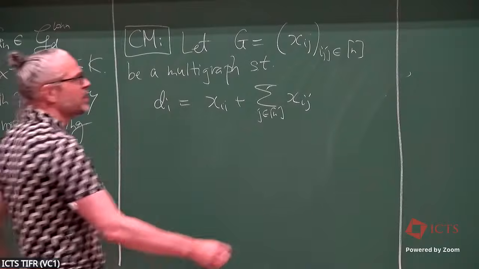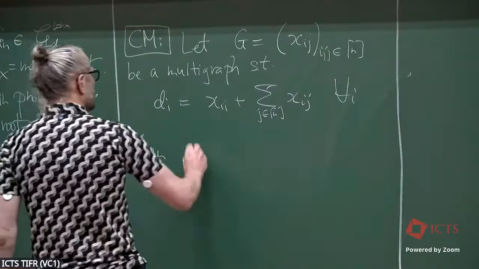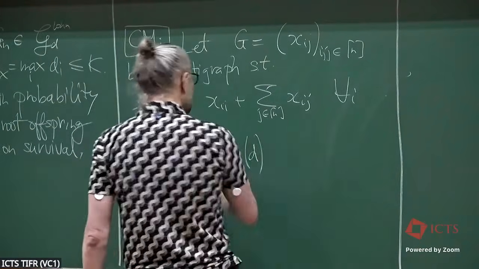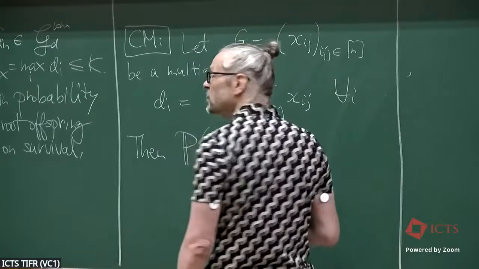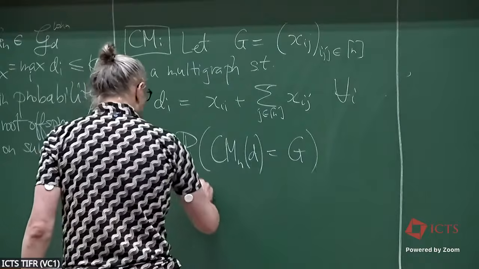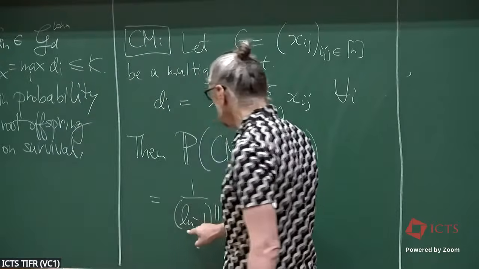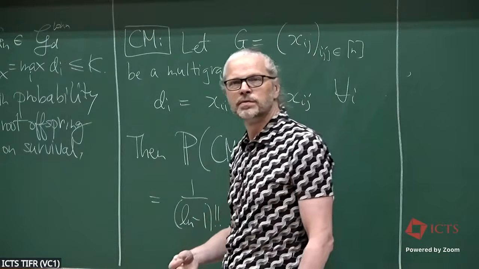And I want this for every i. And then the probability that the configuration model of size n with these degrees takes on this value g can be computed explicitly. And that's 1 over (ln minus 1) double factorial. This is even, this is an odd value. Double factorial means that you go down by 2. Okay?